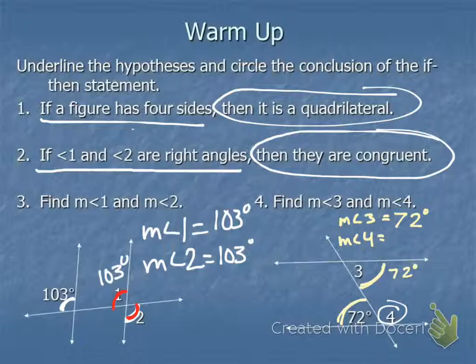What's they? Which ones? 3 and 4. Okay, that's the newer method we learned. 3 and 4 add to 180. How do you know that? They're same side interior angles. Very good. So if you do 180 minus 72, you'd get 108 degrees. That's the new way.